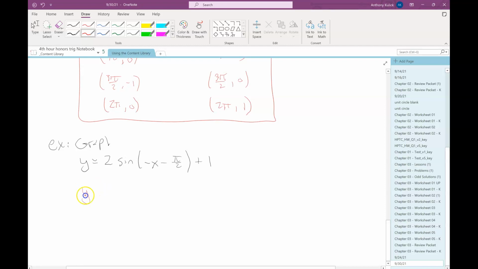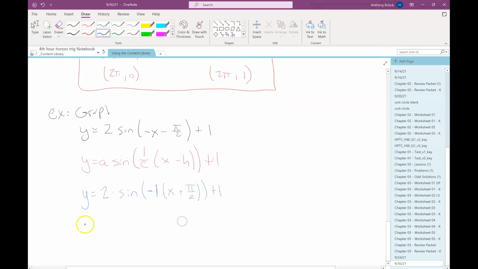So the first thing I'm going to do is make sure that I've written this in the standard transformational form so that I can easily identify my A, C, H, and K. Everybody okay with how I did that? Okay.